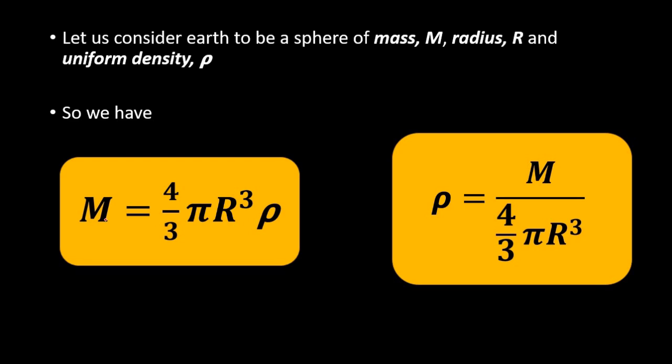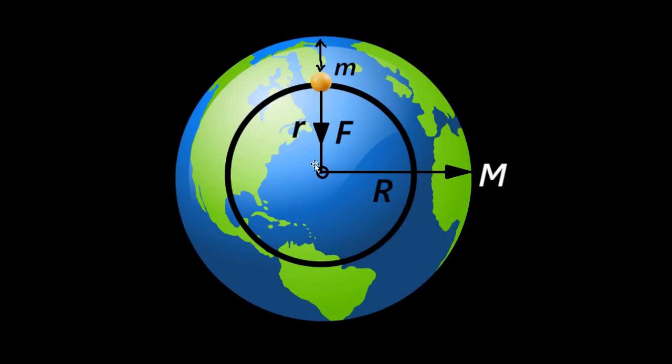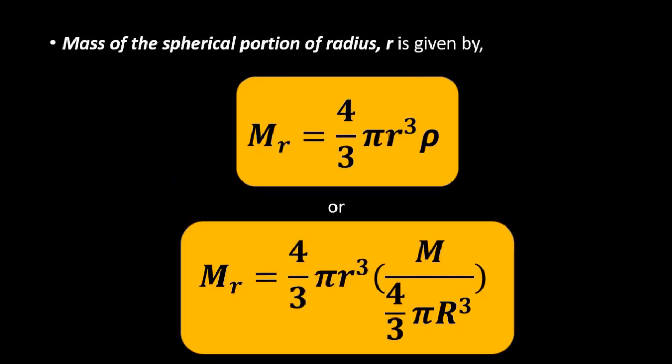So density we can determine as M by 4 by 3 pi R cube. Now the volume of this inner sphere, which is inside this black circle, this inner sphere of radius small r, is equal to 4 by 3 pi r cube, which is the volume of this inner region, Vr.